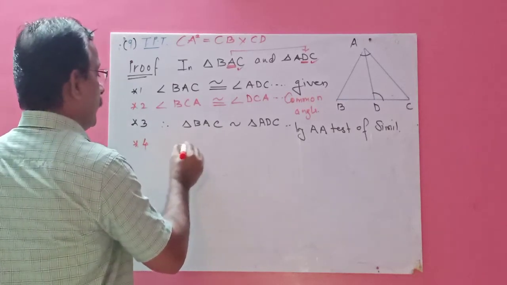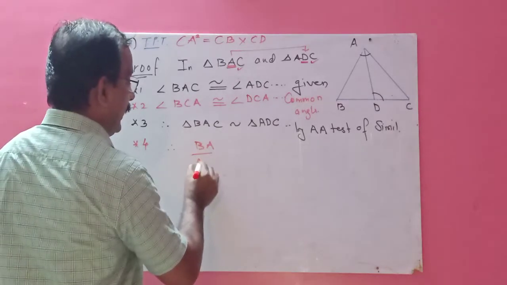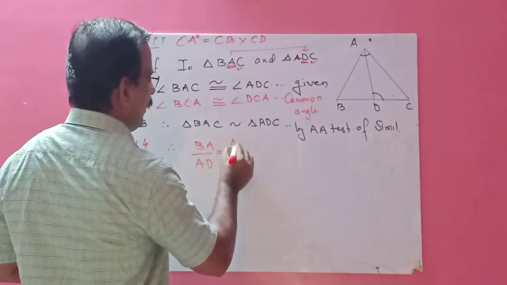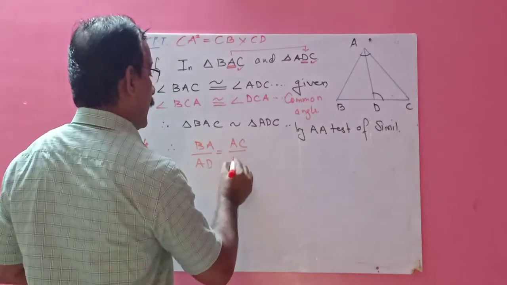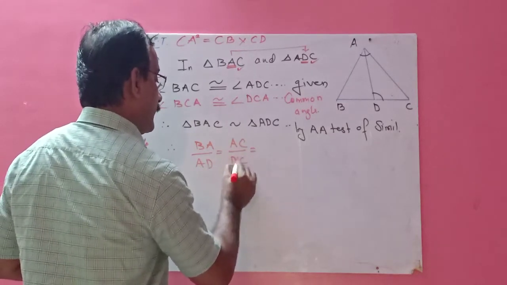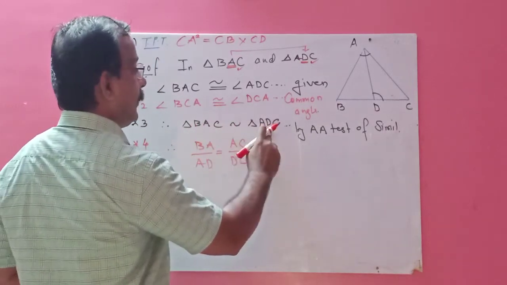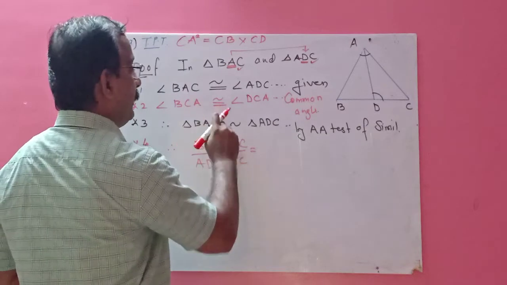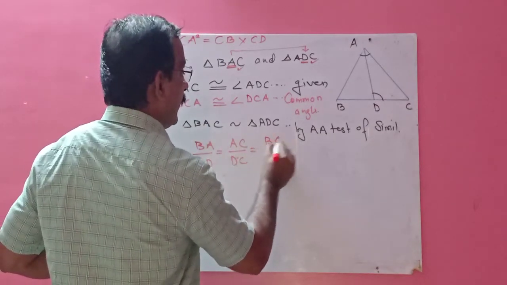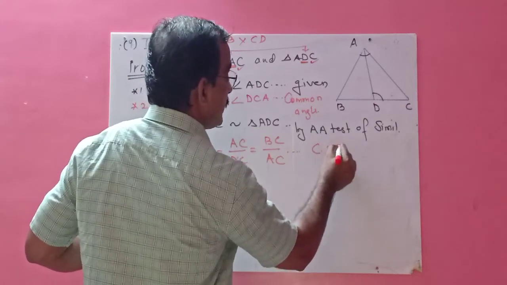That is, therefore BA upon AD is equal to AC upon DC, and then finally BC upon AC. Reason is CSSTP.